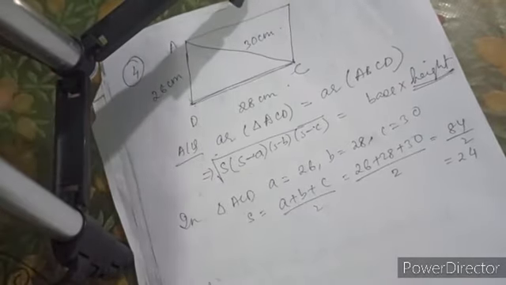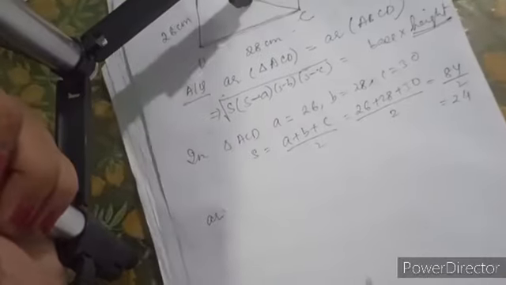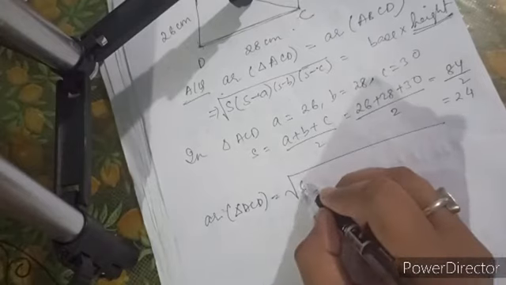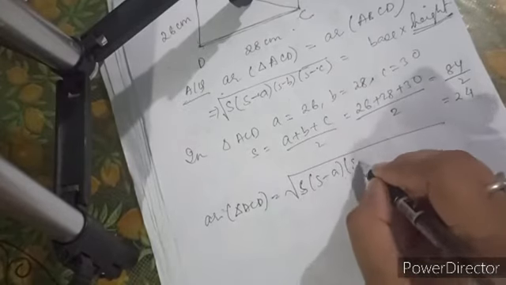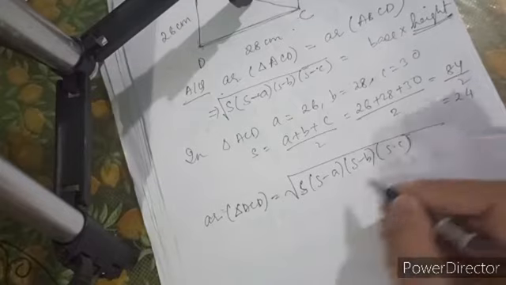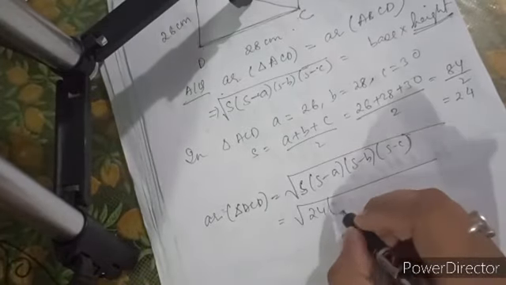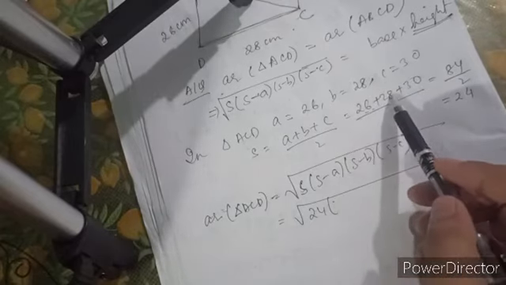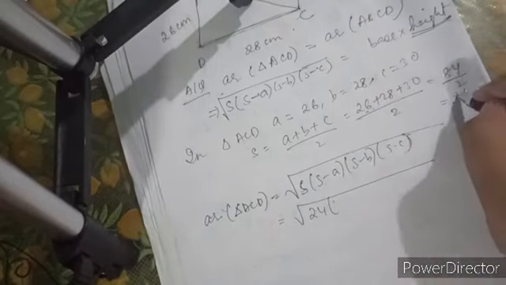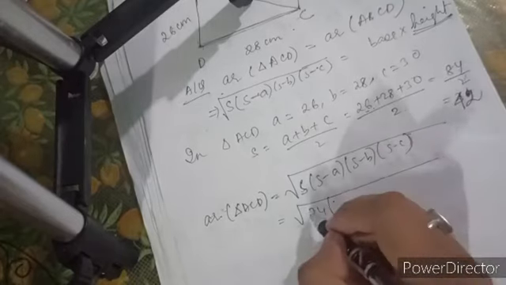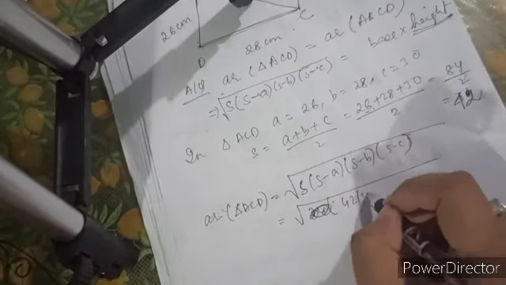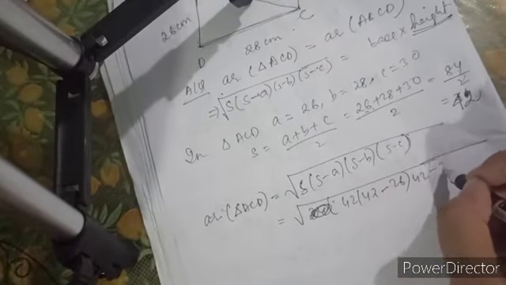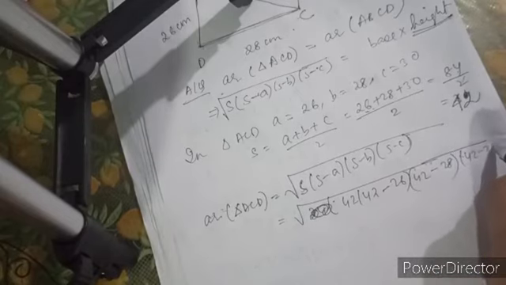So area of triangle ACD will be root over s, (s minus a), (s minus b), (s minus c). 42 minus 26, 42 minus 28 and 42 minus 30.